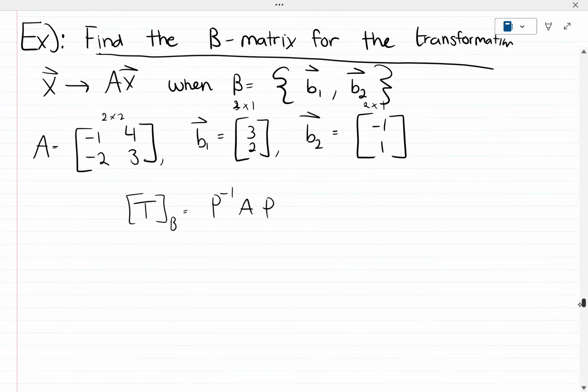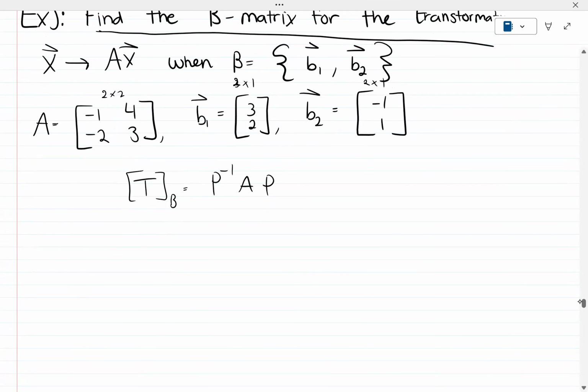So that means P equals vector B1, B2, right? P is going to equal 3, 2, -1, 1. We got it from these two B vectors.